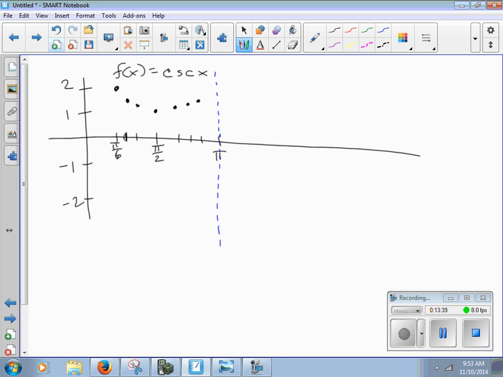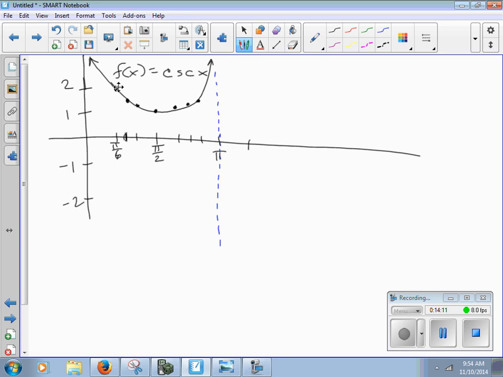You draw the arrow going up, and it better have an arrow on both ends. There's an asymptote right there too. It's going to look something like that. And then we jump over pi, and you start the process all over again.